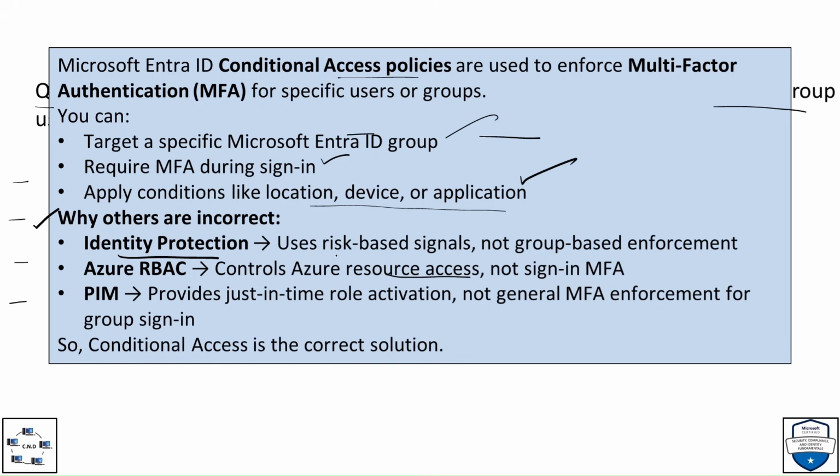Identity Protection uses risk-based signals, not group-based enforcement. Azure RBAC controls Azure resource access, not sign-in MFA. And PIM provides just-in-time role activation, not general MFA enforcement for group sign-in. So conditional access is the correct solution.